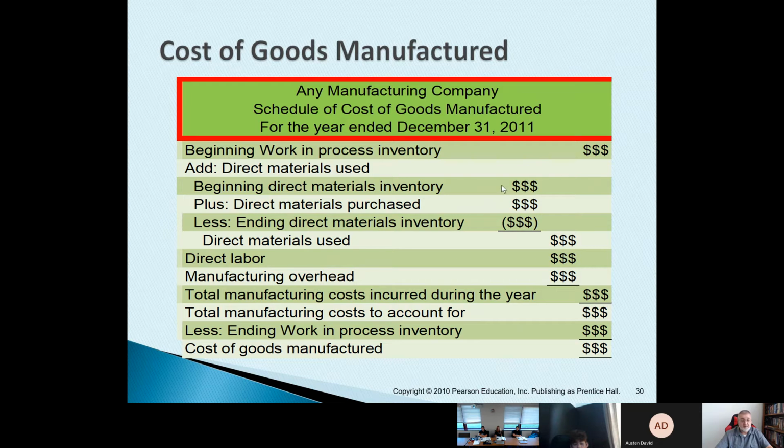This is stuff that we have as far as inventory, direct materials, raw materials sitting out there that we haven't started working on yet. Does that make sense? This is stuff we're working on in the process of production. This is stuff that's raw material that's sitting outside. We haven't started working with it yet, but we have it on hand.